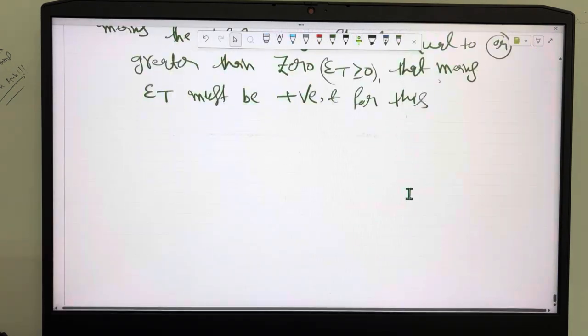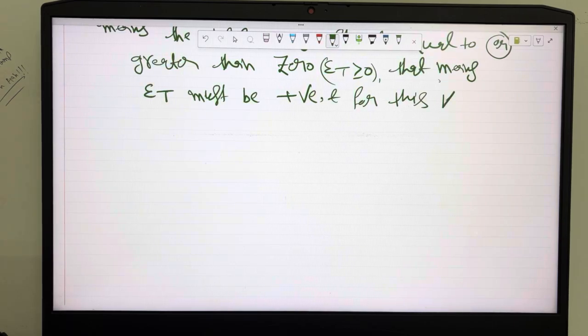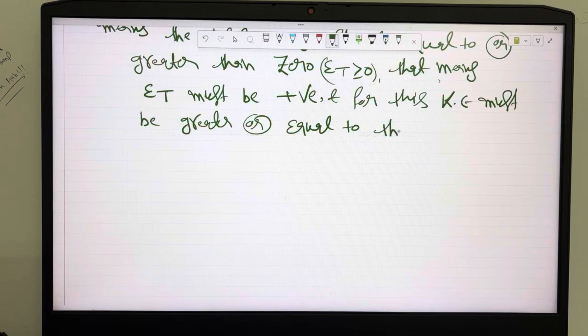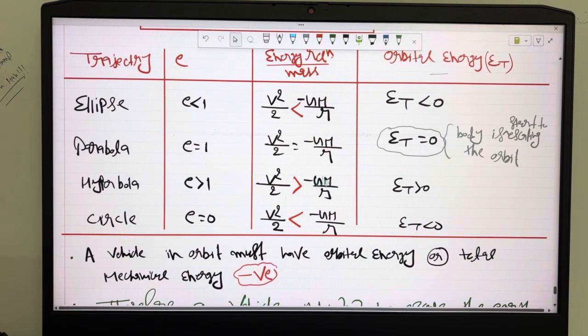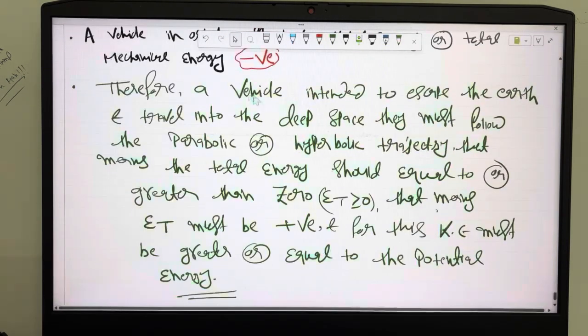So for this, the kinetic energy must be greater than or equal to the potential energy. Right? Whatever I have said, we have written in wordings so that you can understand. Now start. What is the velocity?